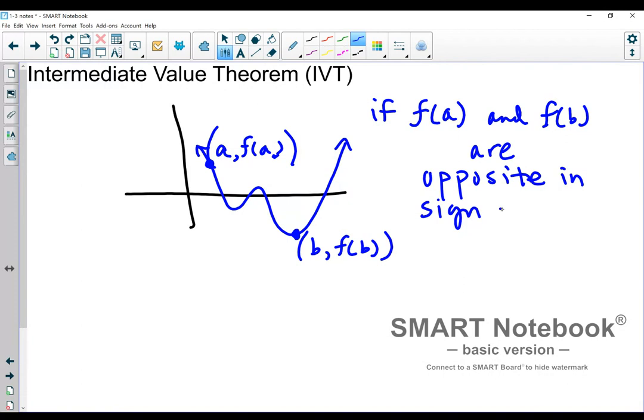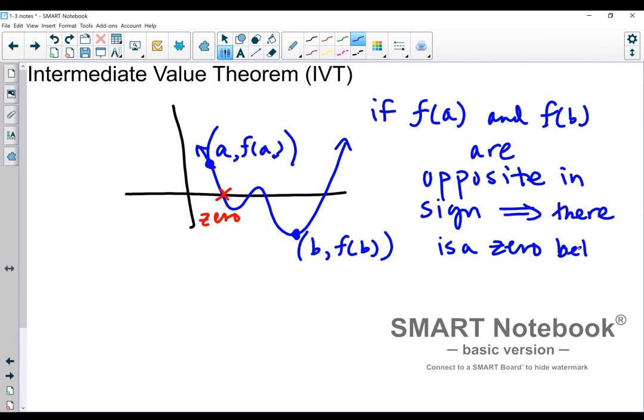If they're opposite in sign, so if one is positive, one's negative, or the other way around, that means there must be a 0 between them, because zeros happen when we cross that x-axis. So we have to have a sign change in y. So if they are opposite in sign, there is a 0 between them.